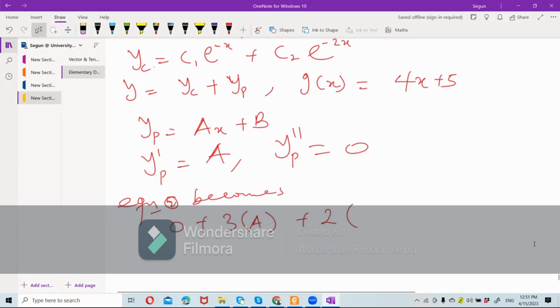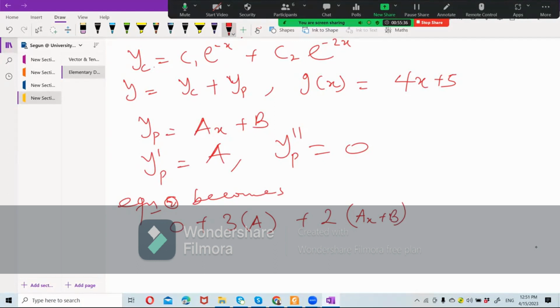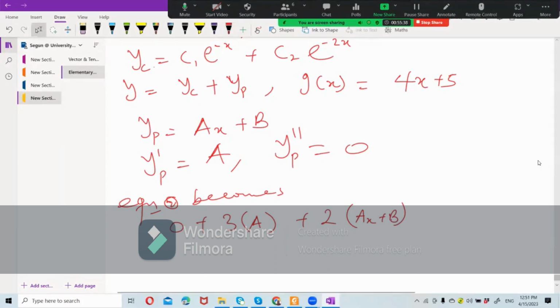What is our y in this case? It is the same thing as ax plus b. Remember that this is the form of yp. When we have yp, it is here. When we have yp prime, it is here. When we have y prime prime p, it is here. You can see them. Everything now equals 4x plus 5.